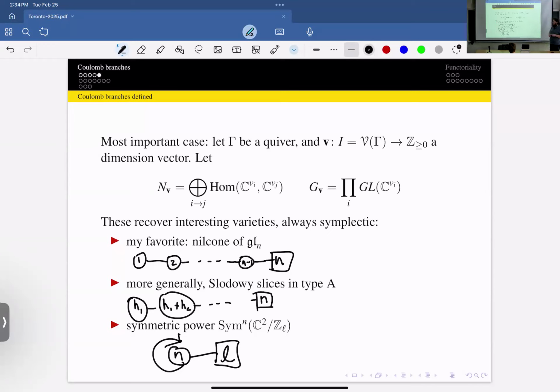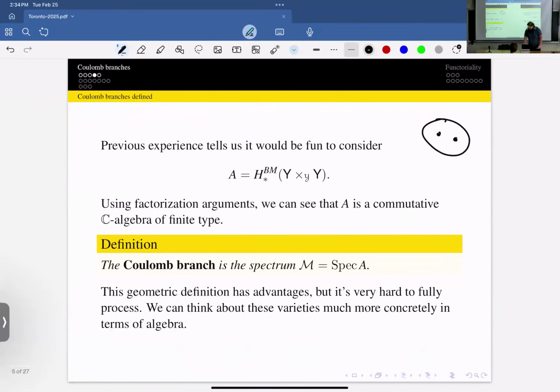No, I'm taking the Coulomb branch. So if I took the hyperkähler quotient, this would also give me the nilcone. I'm doing this Coulomb branch, yeah, this guy, right? No problem, understood. So yeah, it's interesting because geometrically it's in a totally different space.